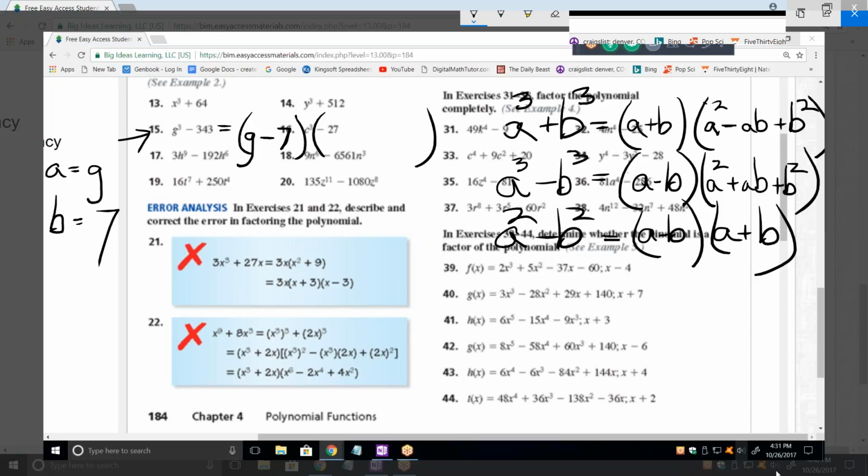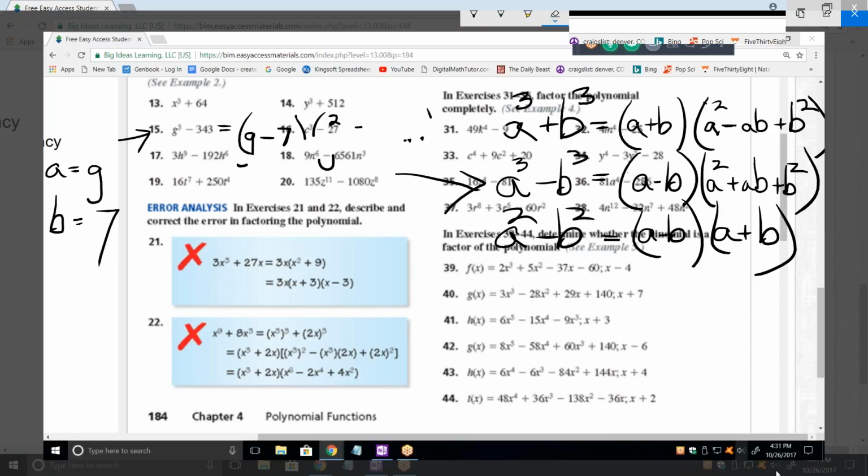And then G squared plus 7G plus 7 times 7, 49. That's it.